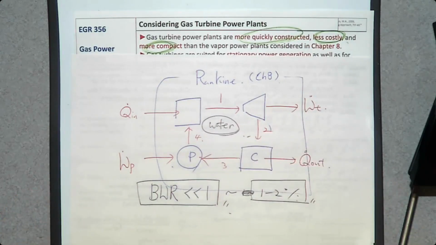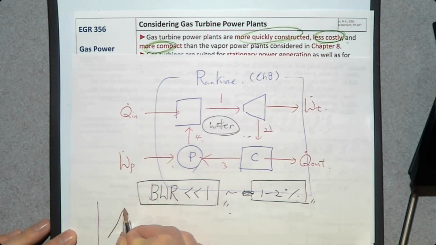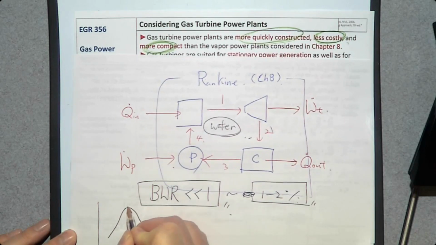Then what is the limitation of using water? Water has a maximum temperature, which is called the critical point. You may remember, when we have a PV diagram, there's a saturation curve, and right on top, this is called the critical point. Above this point, water does not exist as water.